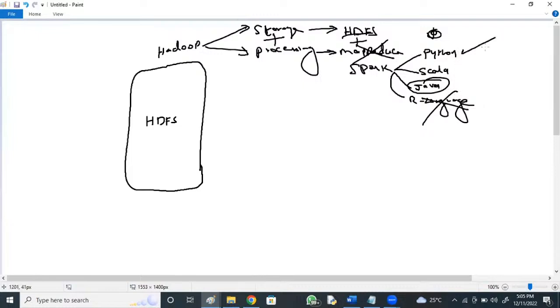Python and Scala are mostly used by default. Spark is built using Scala. Some companies like Value Labs, one or two companies, only use Spark with Java implementation.